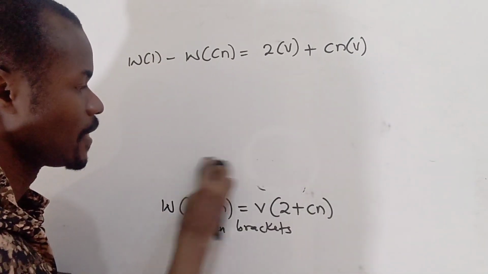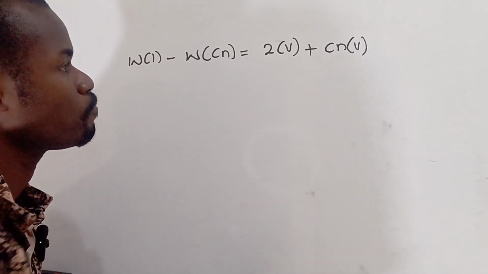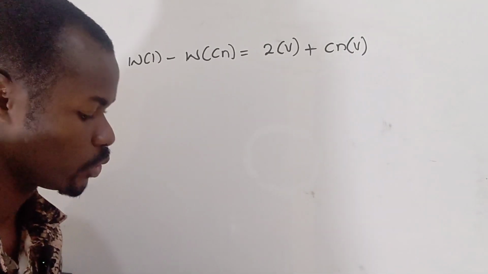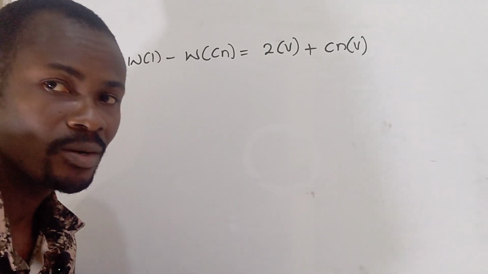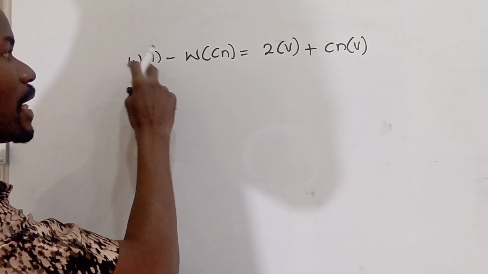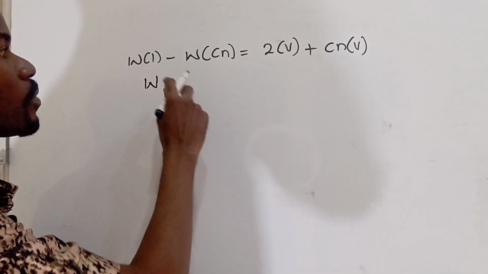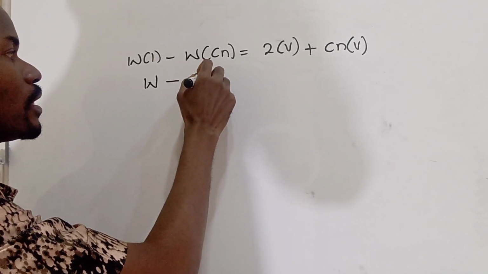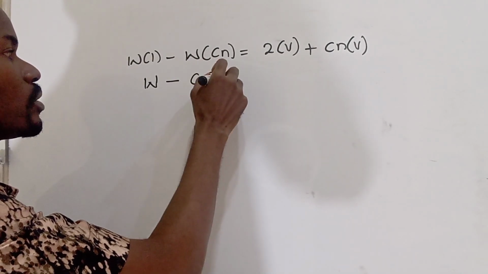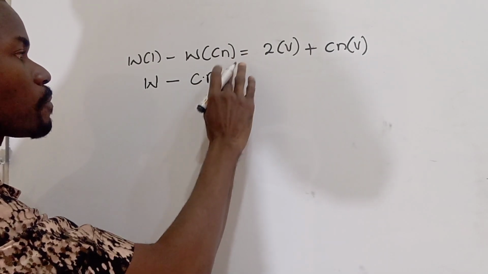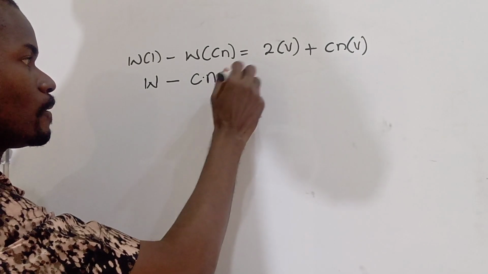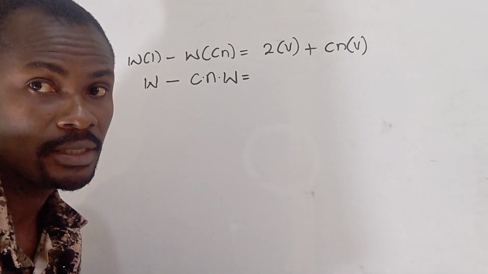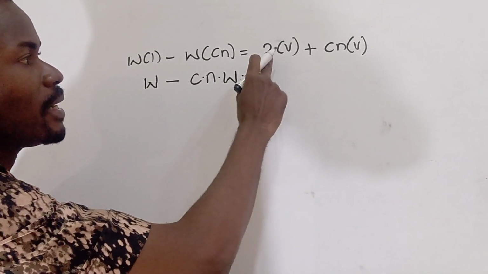So what can we do next? Now we are going to multiply them and arrange them according to alphabetical order of A, B, C. So 1 times W is W here, minus W times this, we are going to have C, N, and W. So Cn and W, according to alphabetical order from A to Z. What about 2 times V?